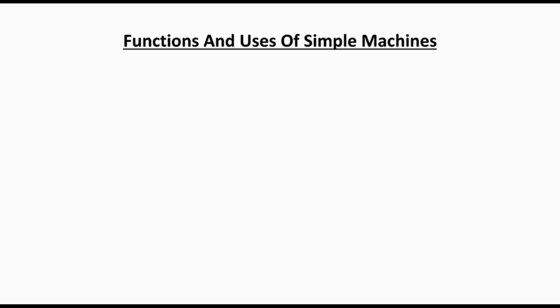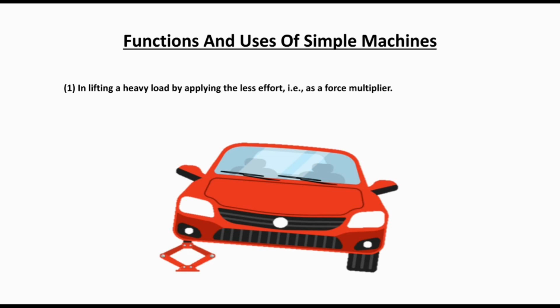So the first function is lifting a heavy load by applying less effort, that is, acting as a force multiplier. For example, we know that a person cannot lift a car by just using his hands, but using a jack it becomes easier to lift a heavy car.